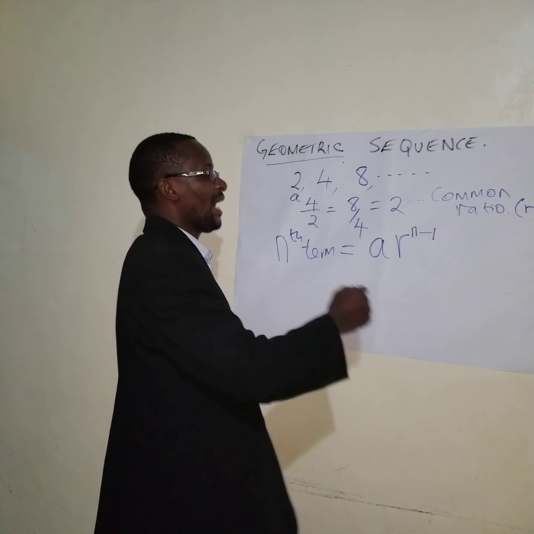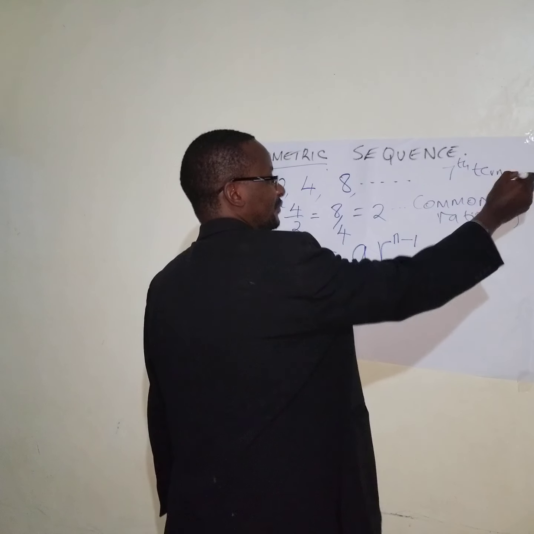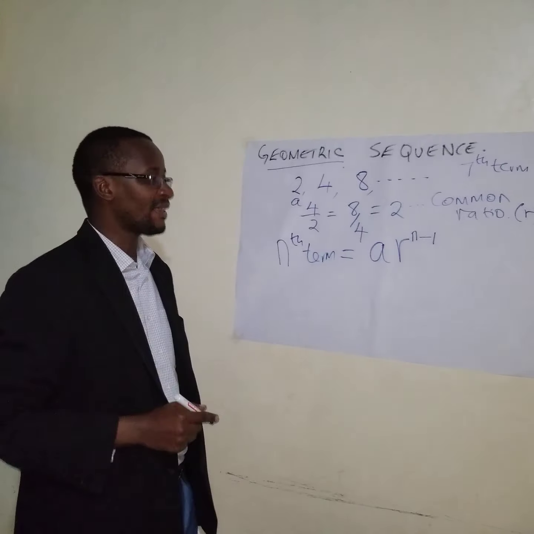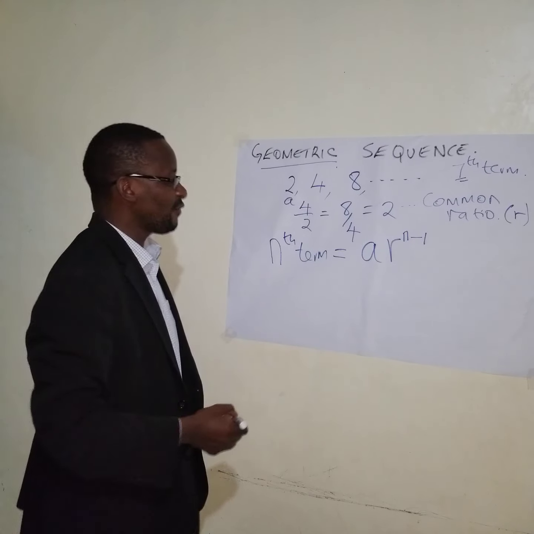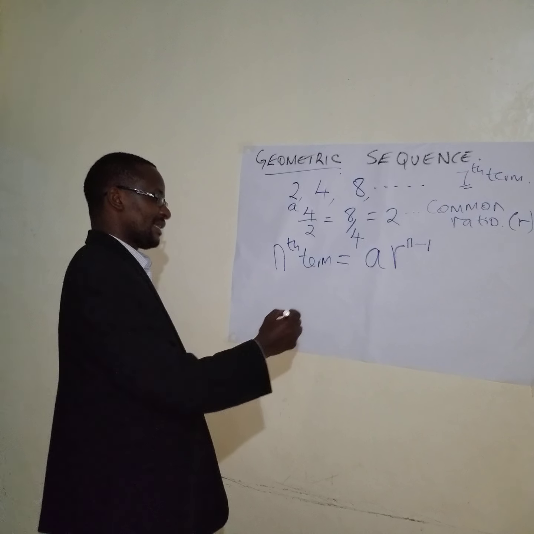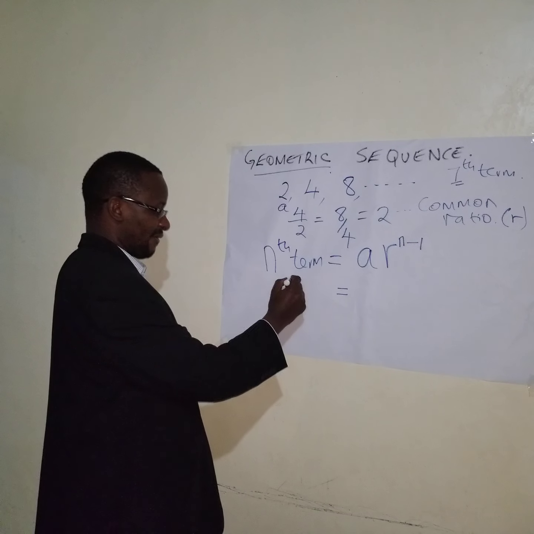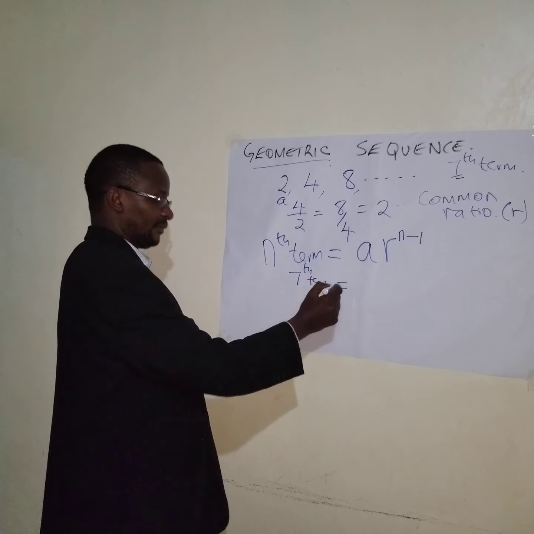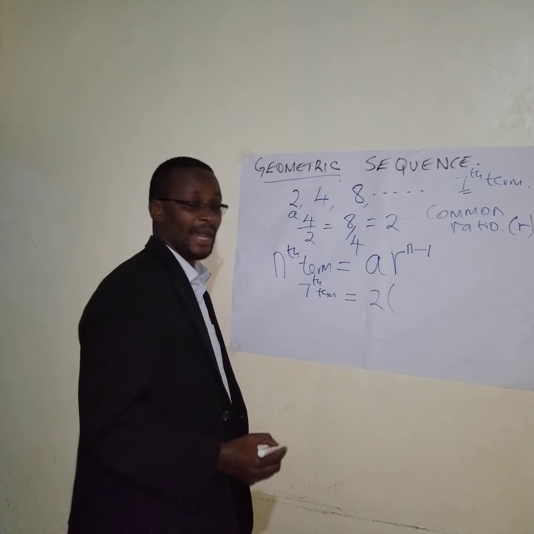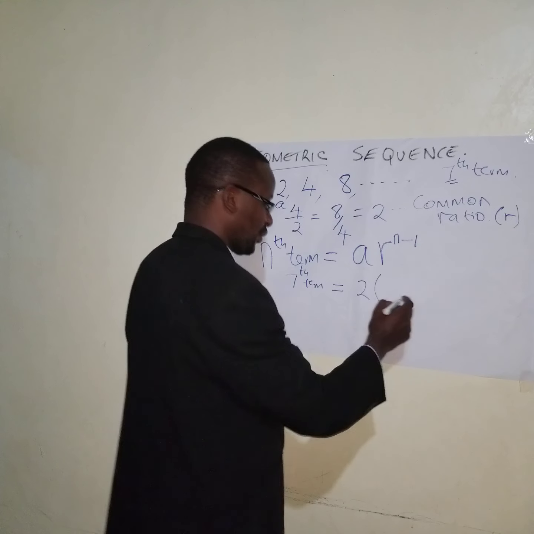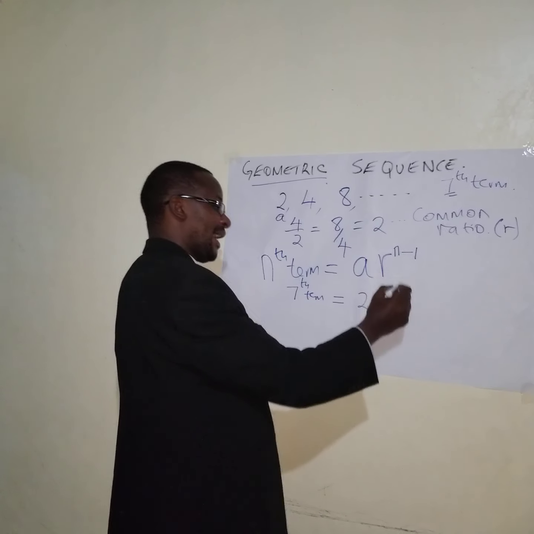For example, here we can be told to find the 7th term for this sequence. So our n here will be 7. The 7th term is going to be A, which is 2, multiplied by R, which is 2, raised to power n minus 1, where n is 7.